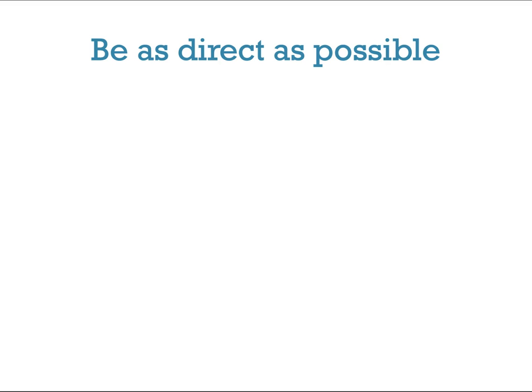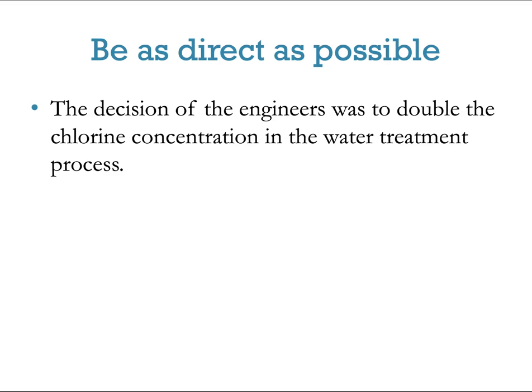And we want to do this by being as direct as possible. And being as direct as possible means, in this case, to look for the real subject of the sentence. And that's going to be the agent that you are actually talking about, the agent who is performing the main action of your sentence.